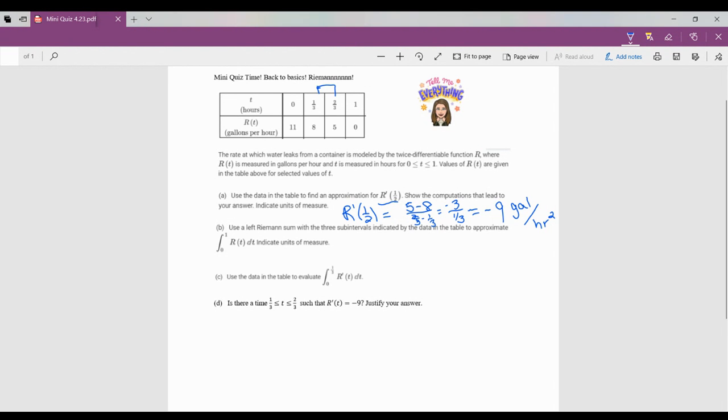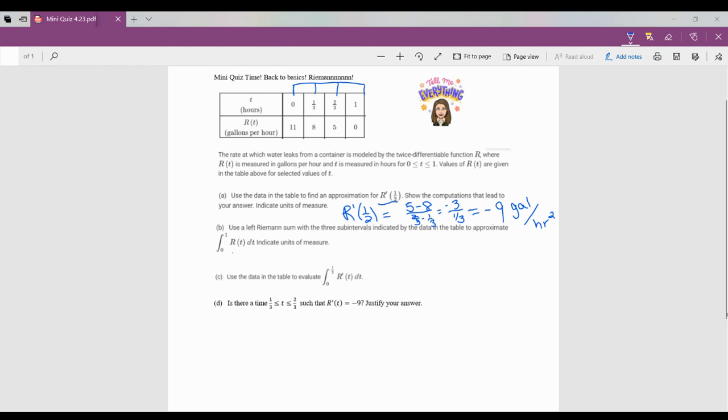All right, so the next one, I'm just going to erase this right here, and we're going to do the left Riemann sum with 3 subintervals from 0 to 1. So we're doing the whole entire chart from 0 to 1, 3 subintervals. So we break it into our 3 subintervals.